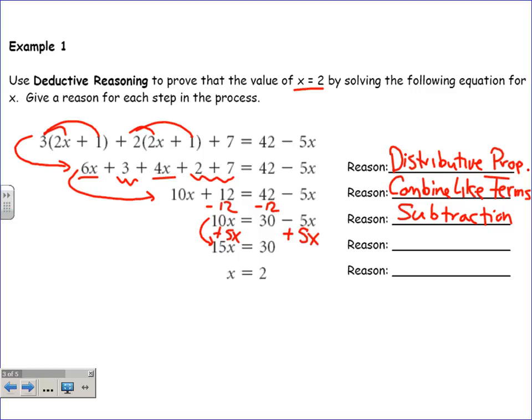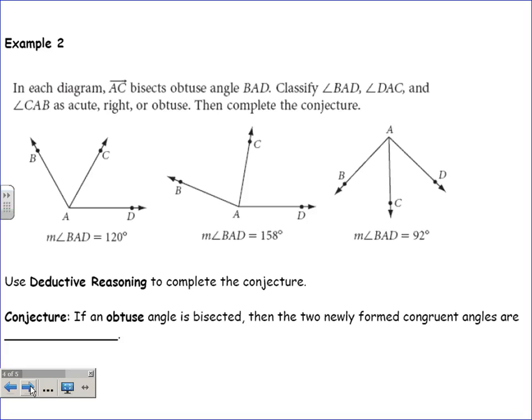So we use addition, and these are actually properties of mathematics. The addition property. At that point, we divide both sides by 15, so we would write division, the division property. Does that kind of make sense? These are agreed-upon steps. So deductive reasoning is basically using agreed-upon steps.